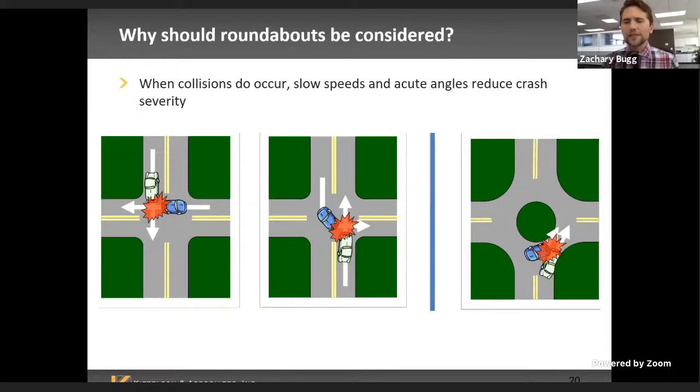Whereas at roundabouts, the idea here is to bring vehicle paths in at a lower angle and to limit the severity if something does occur, if there's a crash. The other piece here is speeds, which I'll go into. There's so much deflection, as Ed was mentioning, at a roundabout that you bring speeds down to the level where crashes, when they do occur, they tend to not be as severe as at other types of intersections.